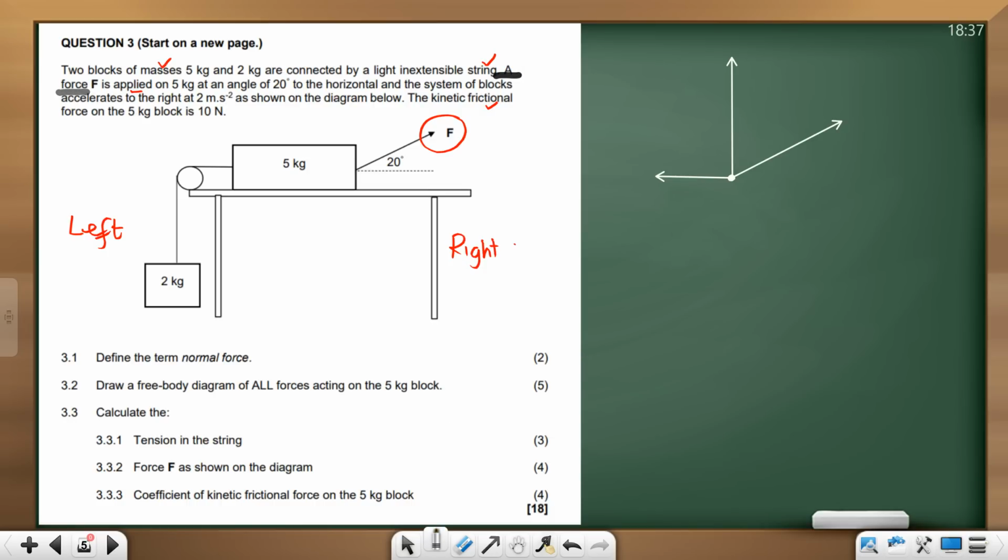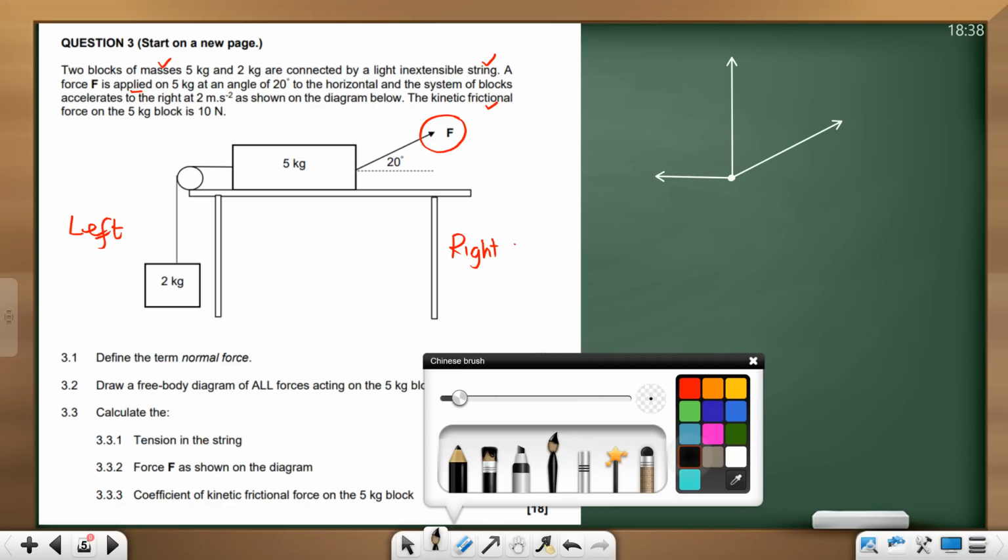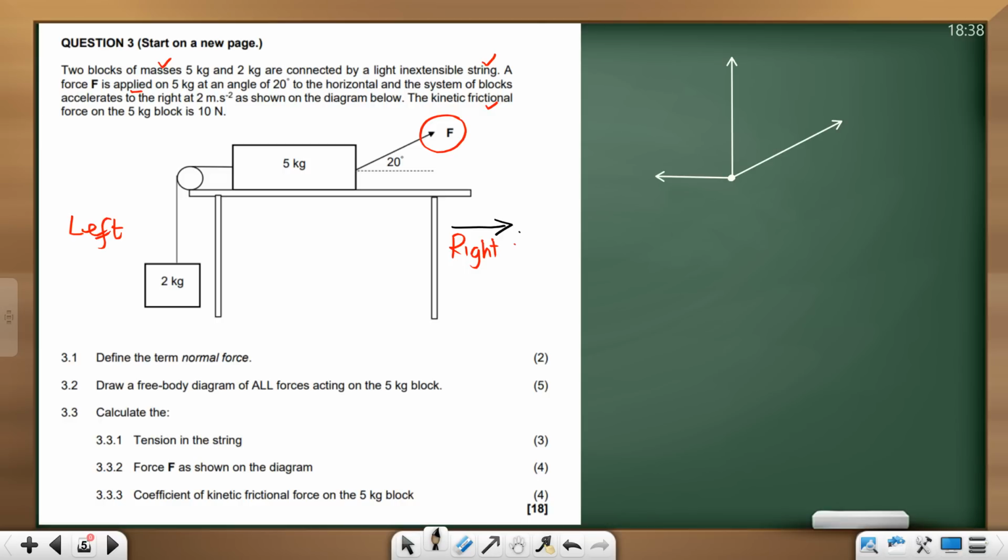A force F is applied on 5 kg, and the system of blocks does what? Lindo, read with me. Accelerate where? To the right at 2 meters per second squared. So where's the object moving, right or left? To the right hand side, sir. Good. Object is moving to the right.